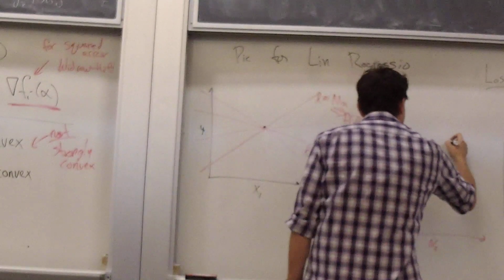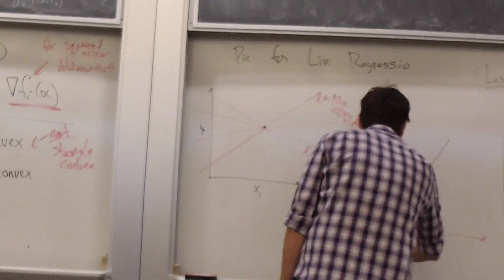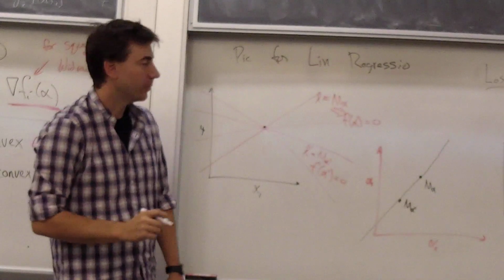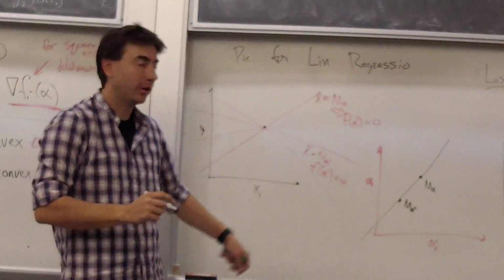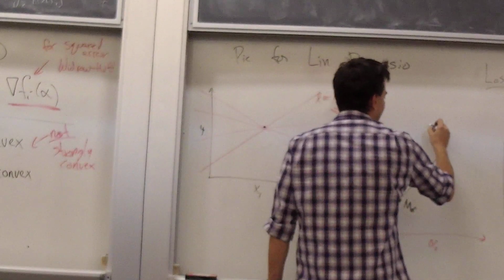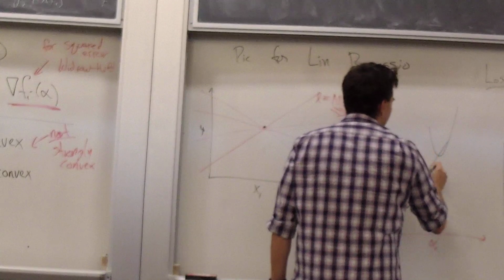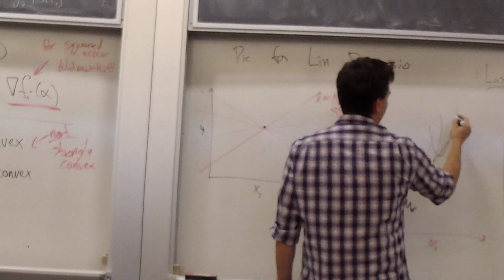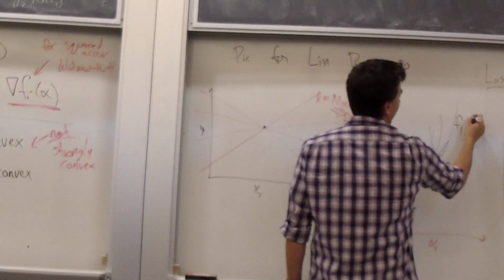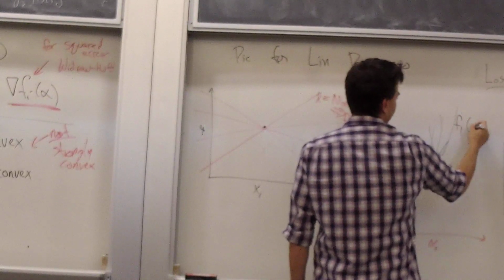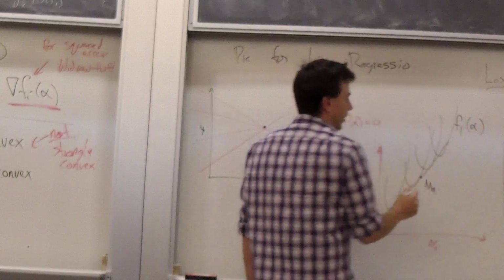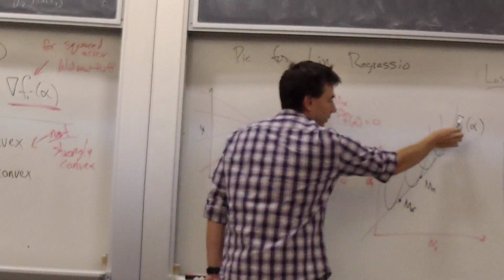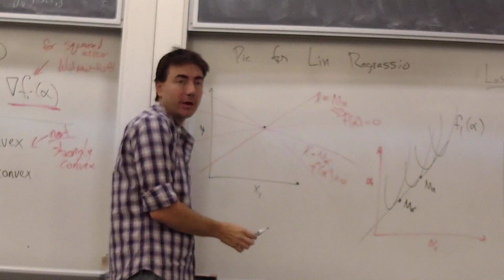There's going to be this one-dimensional subspace where the function value is going to be 0 along here. And you're going to have a quadratic function. This is going to be f_1 of alpha. So if alpha is along this line, the function value will be 0 for f_1.